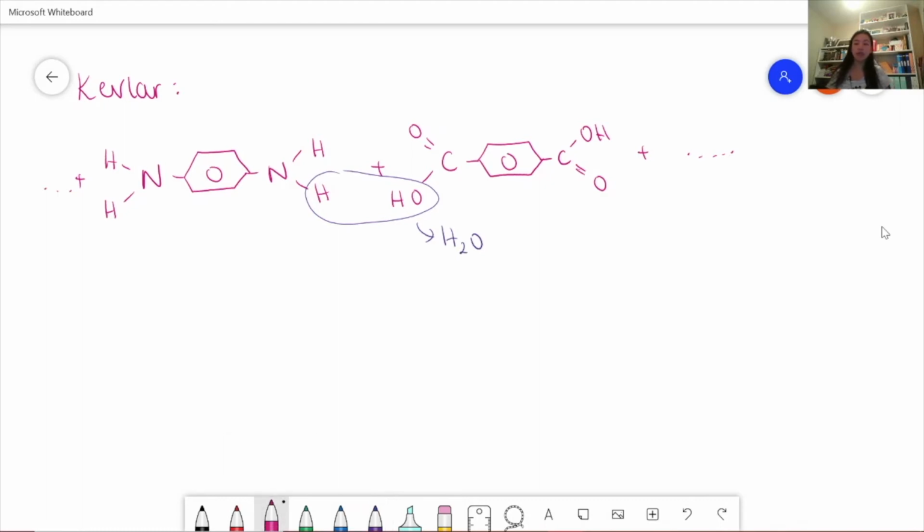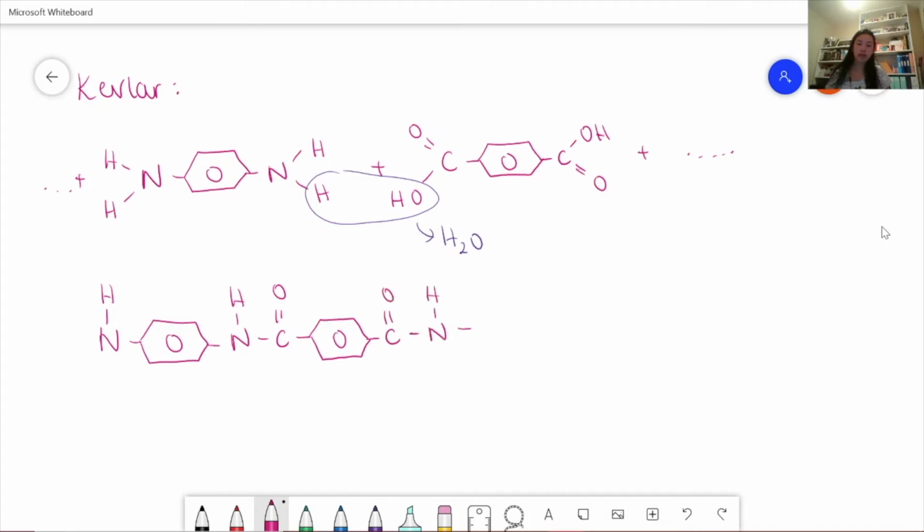And so what we form is we have NH, and then we have this benzene, NH, C double bond O, and then we have another benzene, C double bond O, and then NH, and then we get another benzene, and then NH, C double bond O, and etc. So this is Kevlar that we formed.